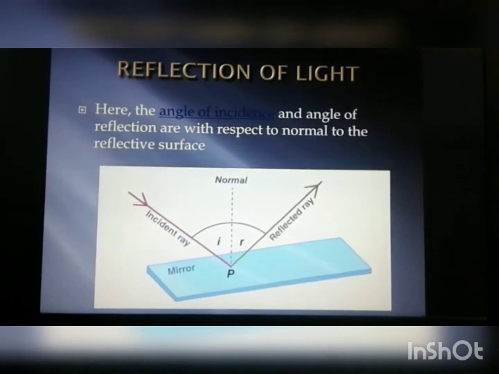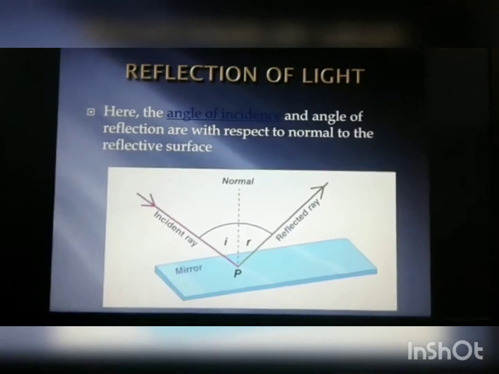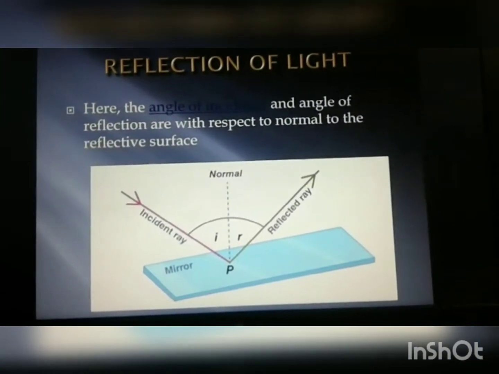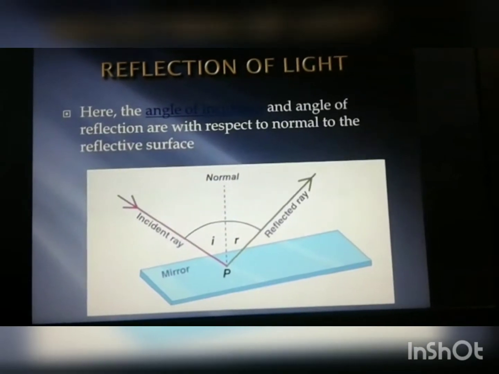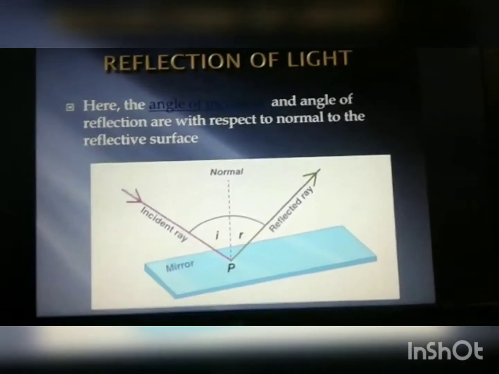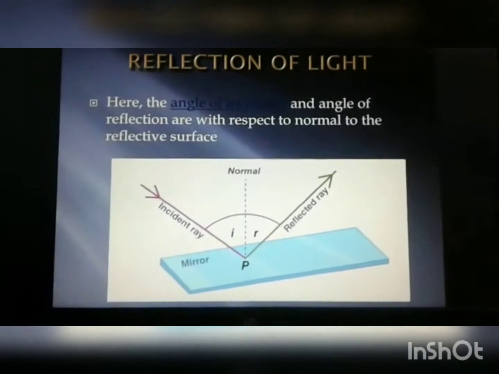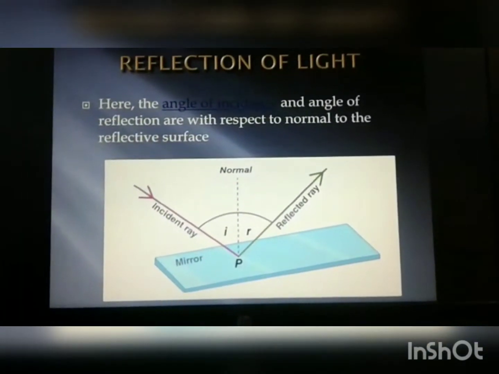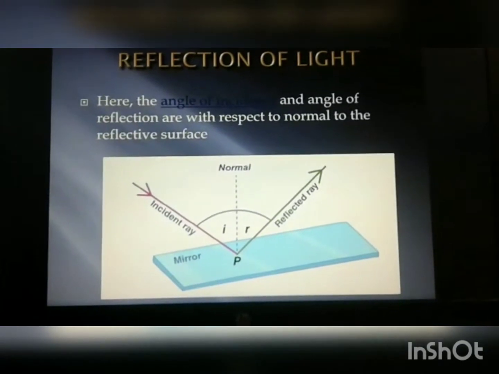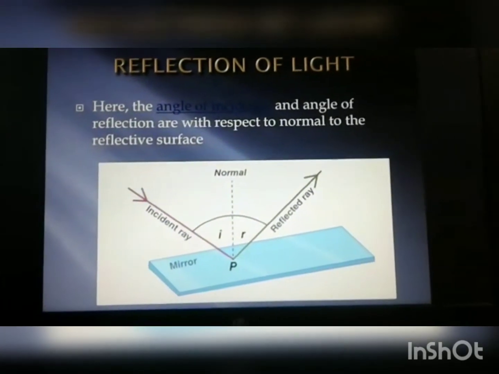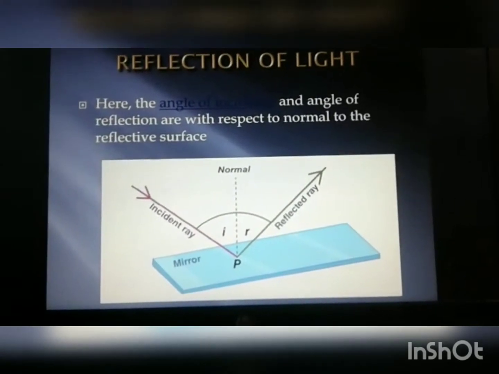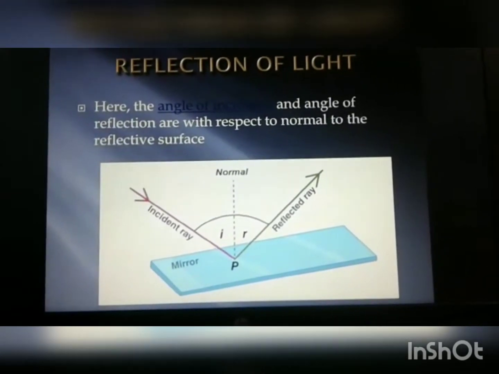If you see this figure, you will get that angle i is equal to angle r. Now the second law: the incident ray, the normal to the mirror at the point of incidence and the reflected ray all lie in the same plane. It means the normal, the incident ray and the reflected ray all lie in the same plane and meet at the point of incidence.